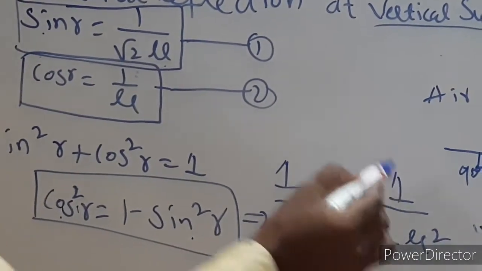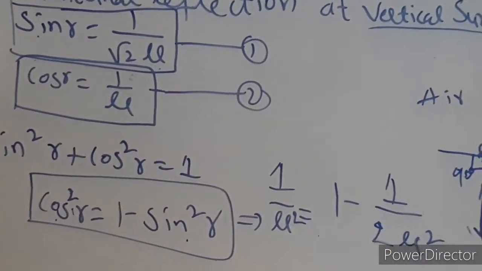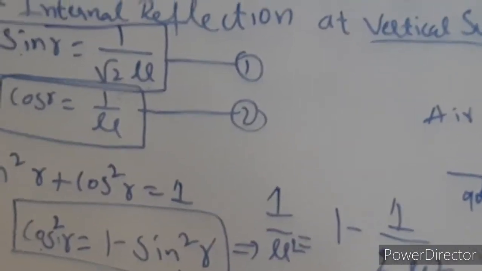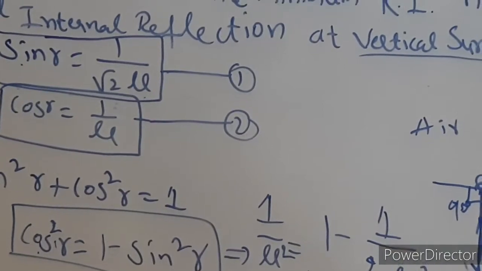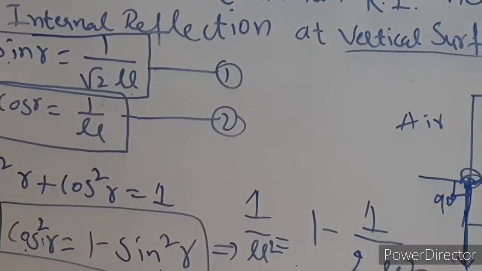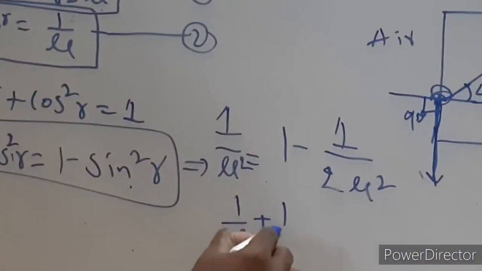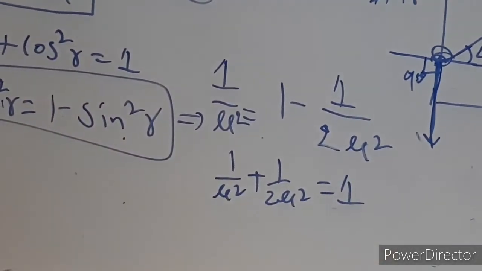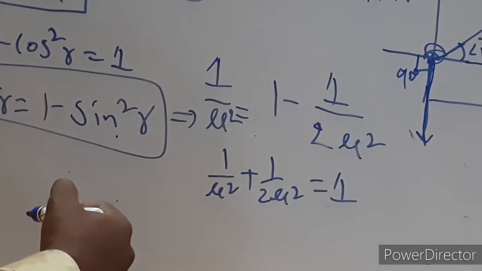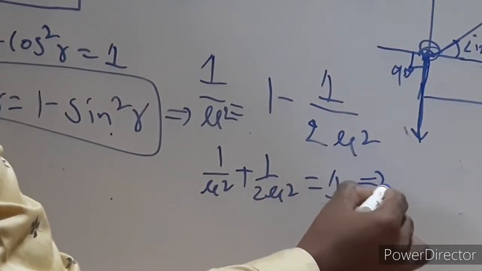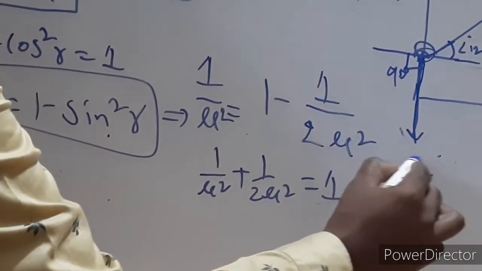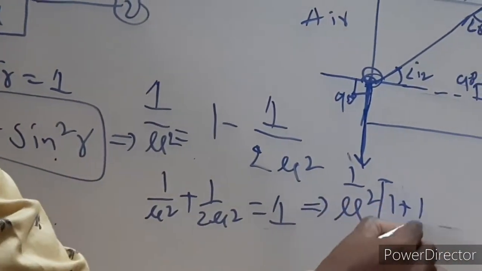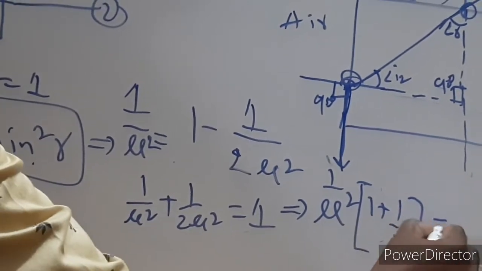So in this equation, if I make mu the subject: 1 by mu square plus 1 by 2 mu square equal to 1. If I take 1 by mu square common, I have 1 plus 1 by 2 equal to 1.